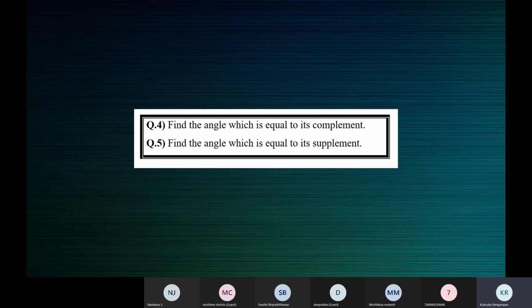So what are complementary angles, Ritika? 1 minute, ma'am. I'll connect in a minute. Yes, Pratika?